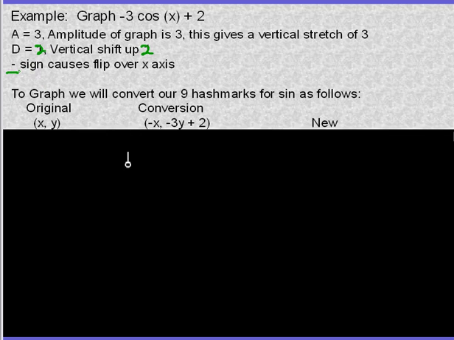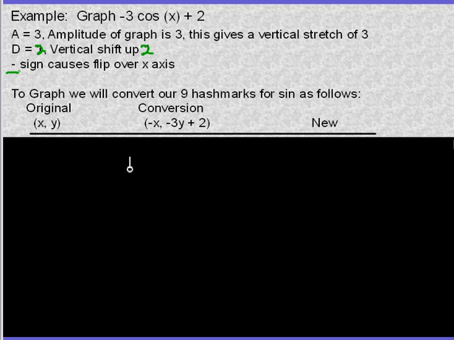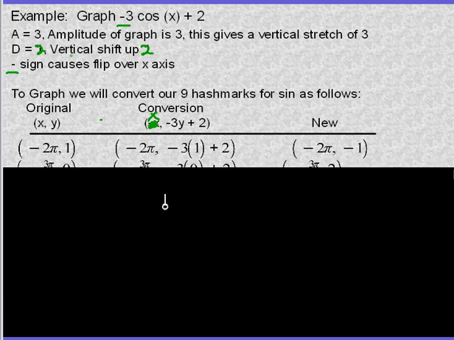So again, we convert our hash marks. Whoops, and this should not be negative; this should be positive x. Our x coordinate stays the same. We're going to multiply our y coordinate by -3. So we're going to add the negative to the amplitude, multiply our y coordinate, and then add our vertical shift. Start with your cosine hash marks.